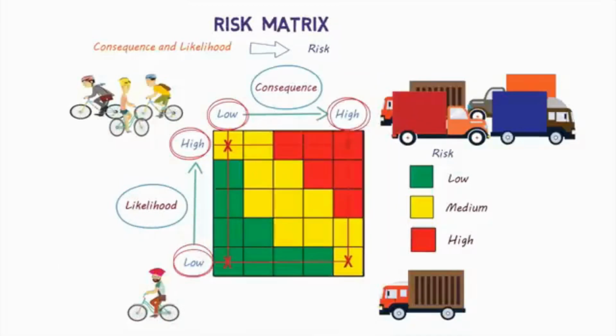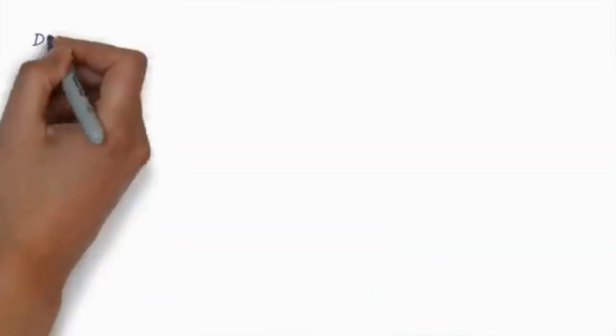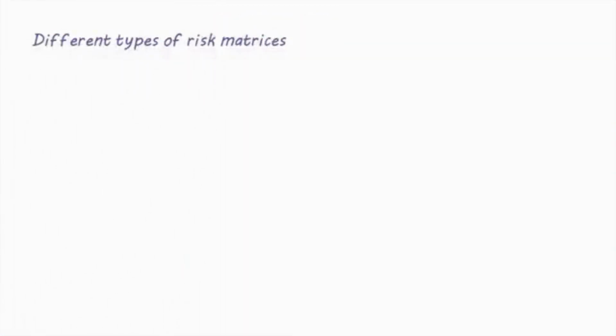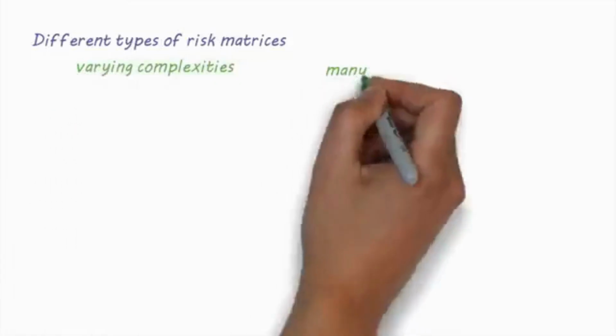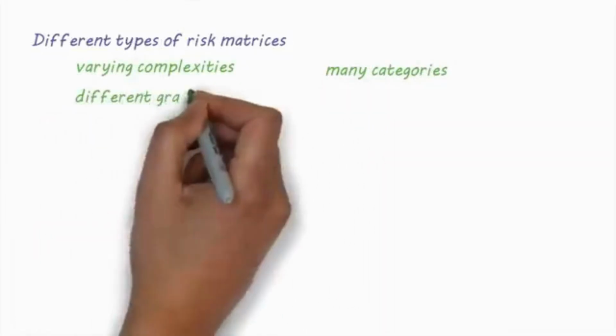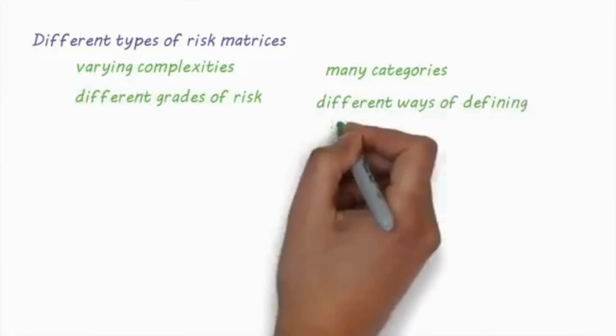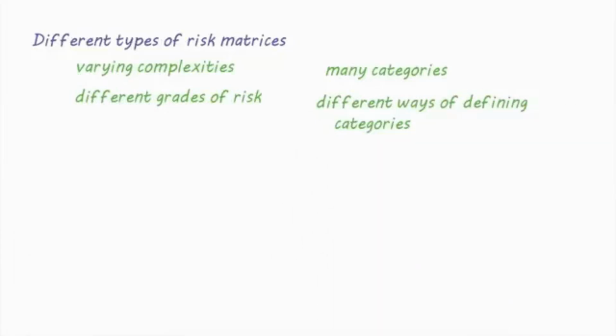So that's how a risk matrix can be used to determine the overall level of risk using an assessment of likelihood and consequence. There are many different types of matrices in use with varying degrees of complexity. They can have many categories and different grades of risk. They may also have different ways of defining categories of likelihood and consequence.